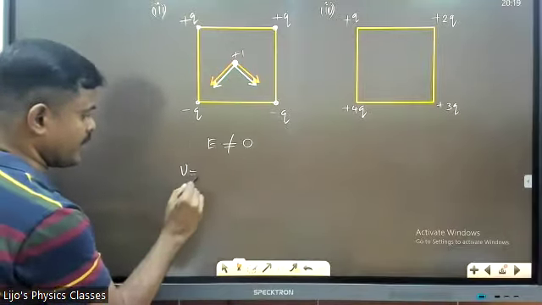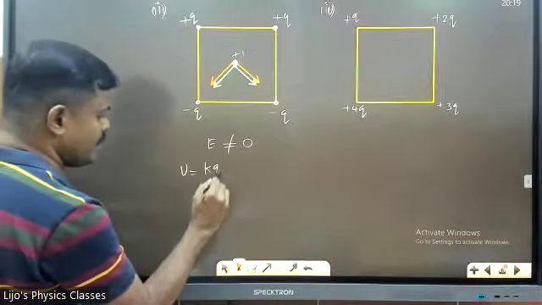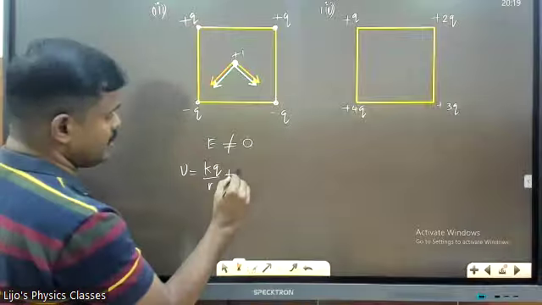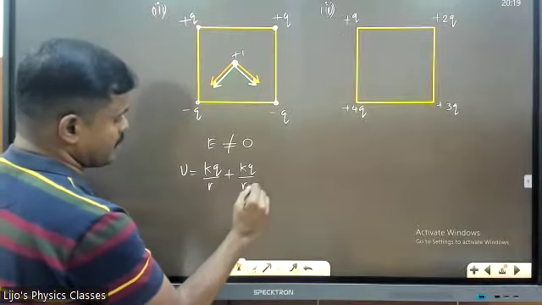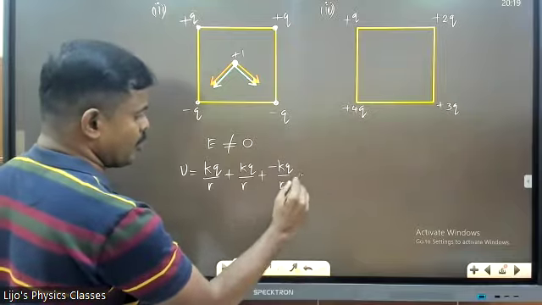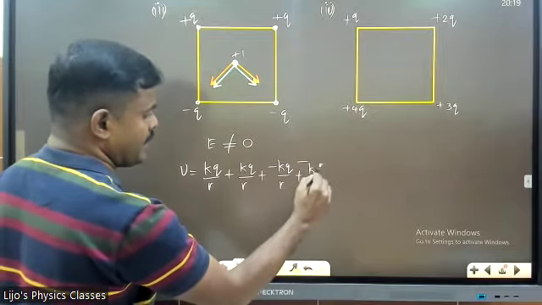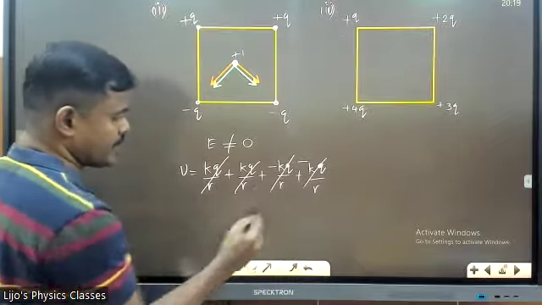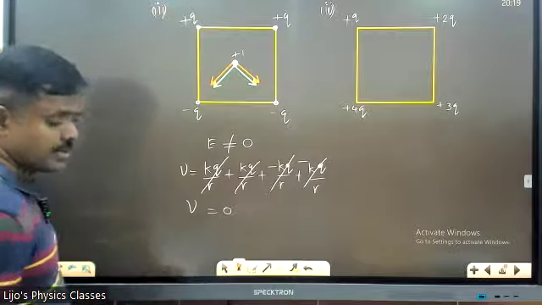Now write the potential. What is the potential due to first one? KQ by R plus. What is the potential due to second one? KQ by R. What is the potential due to third one? Minus KQ by R. How about the potential due to fourth one? Again, minus KQ by R. KQ by R minus KQ by R, KQ by R minus KQ by R. That's going to give you V is equal to 0.